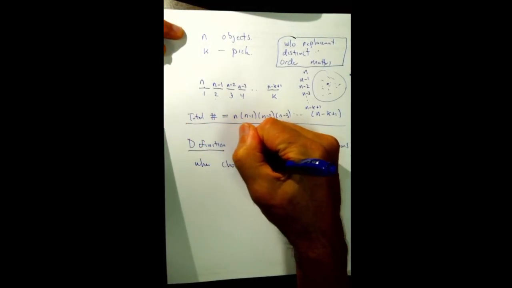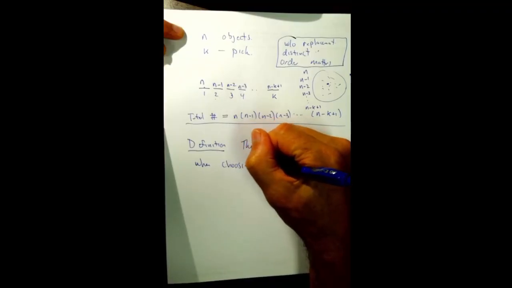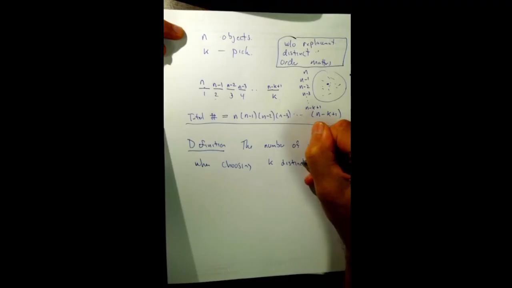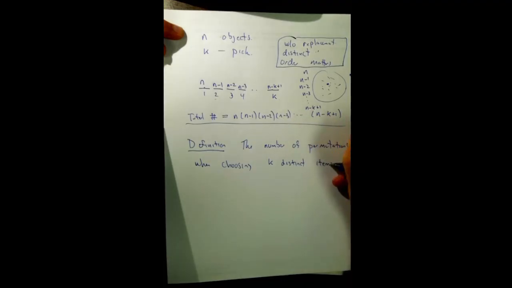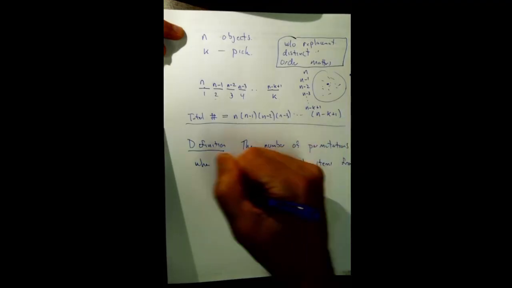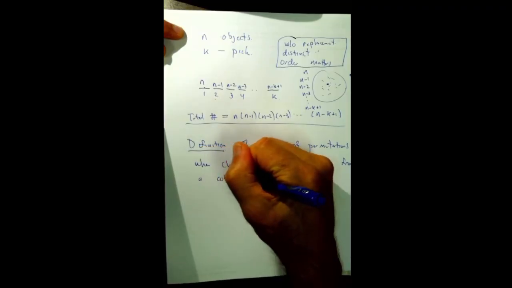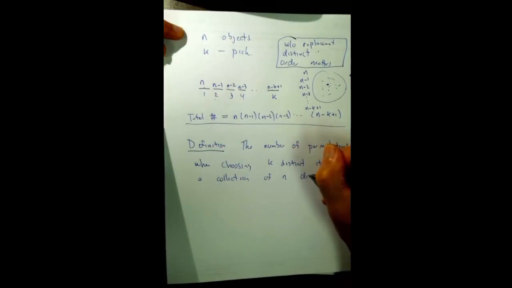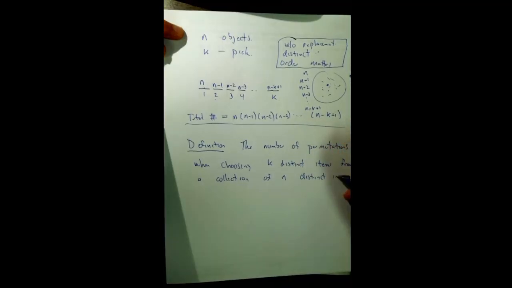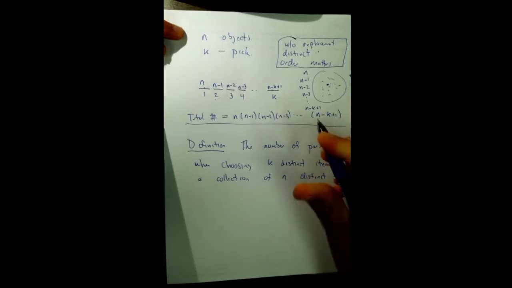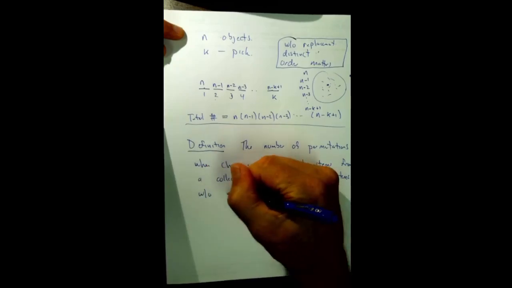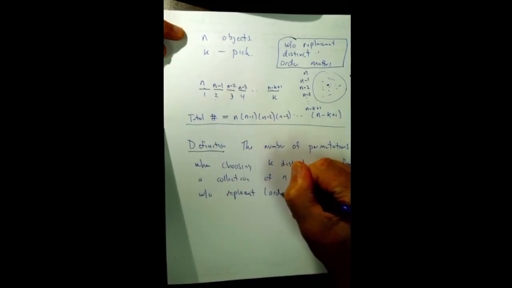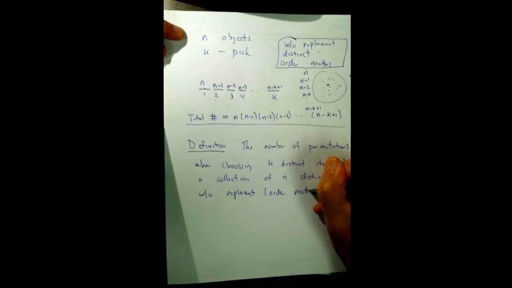I'm going to choose k of these things, and that's coming from a collection of n distinct items. And I'm going to use without replacement. And it's important to note that the order matters.